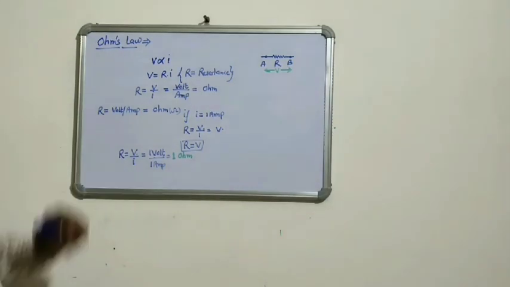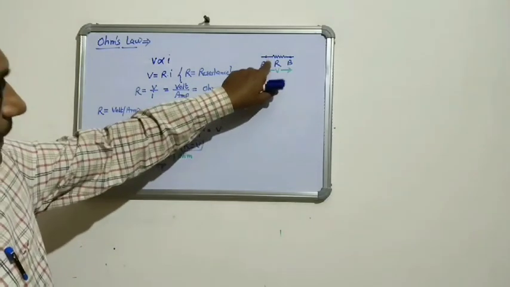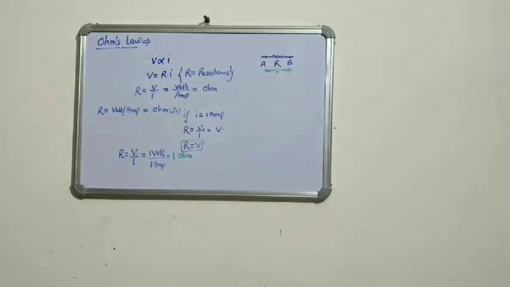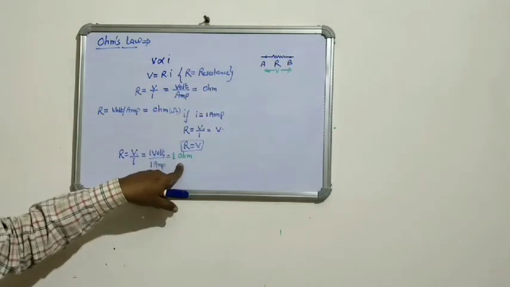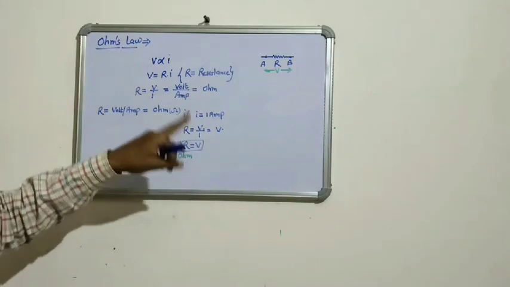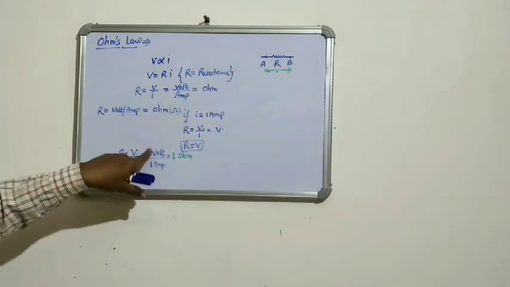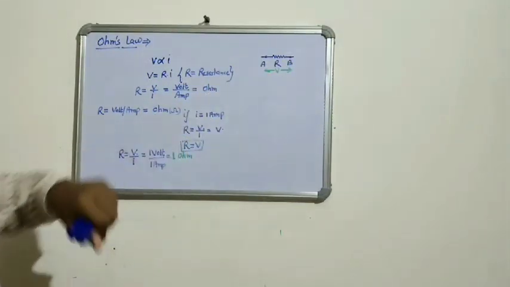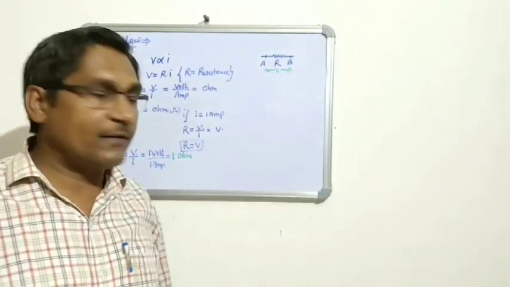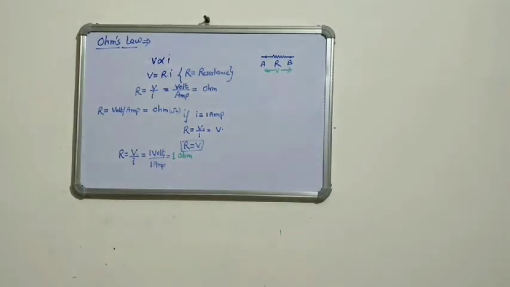When we pass 1 ampere current in an electrical circuit, and 1 volt potential difference is developed between the two ends of a wire, then the resistance of the wire is 1 ohm. Again I repeat, if we pass 1 ampere current in an electrical circuit and 1 volt potential difference is developed across the ends of the wire, then we can say the resistance of the wire is 1 ohm. This is the definition of 1 ohm. Okay.